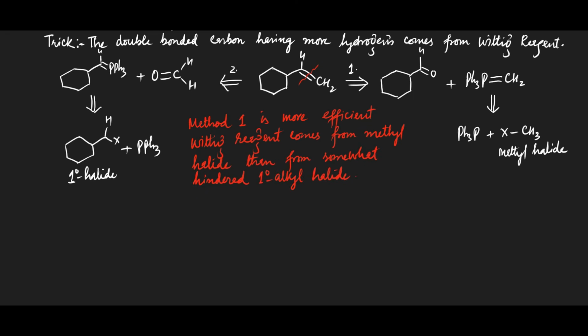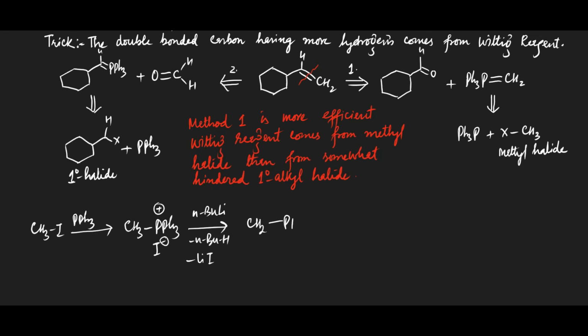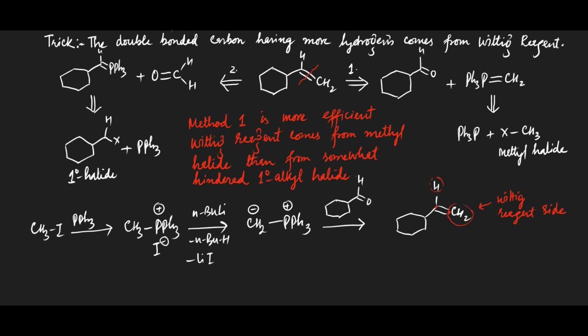Thus, synthesis can be shown as methyl halide should be treated with PPh3 to form the Wittig reagent. This can then be treated with the aldehyde to form the desired alkene. Thus, this methylene side having more hydrogens comes from the Wittig reagent.